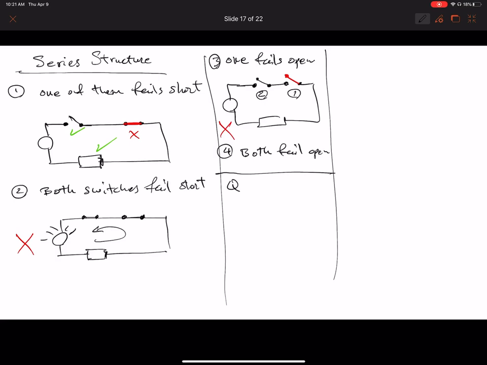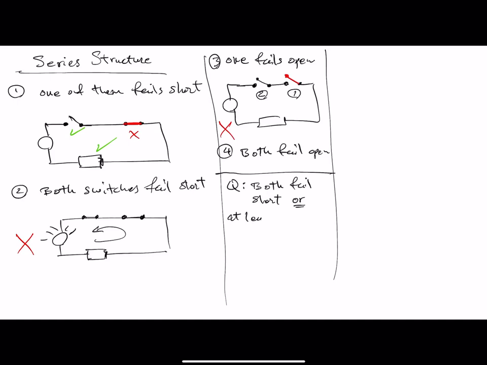All right, so Q, which is the failure of the entire circuit, happens in cases number 2, number 3, and number 4. Number 2 is when both fail short, or at least one of them fails open.